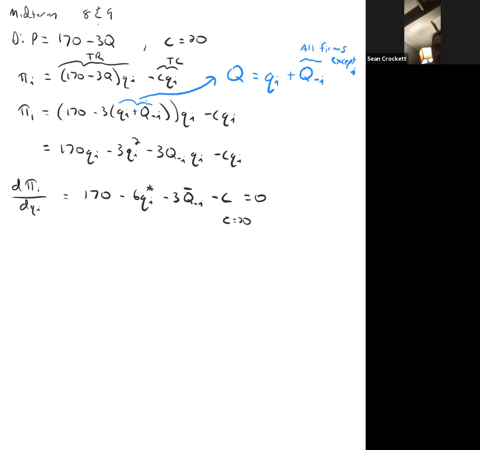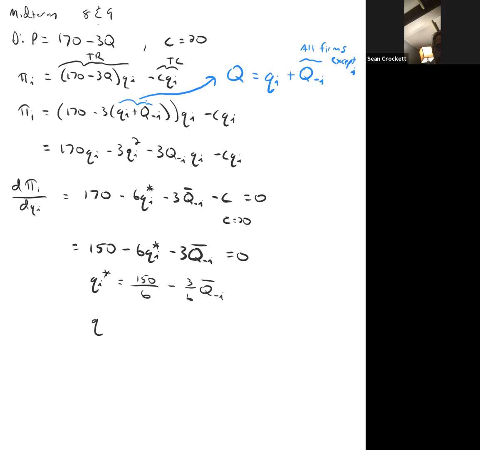And so I can subtract that over. So we have 150 minus 6qi star minus 3q minus I bar equals 0. And so qi star equals 150 over 6 minus 3 over 6 q minus I bar.